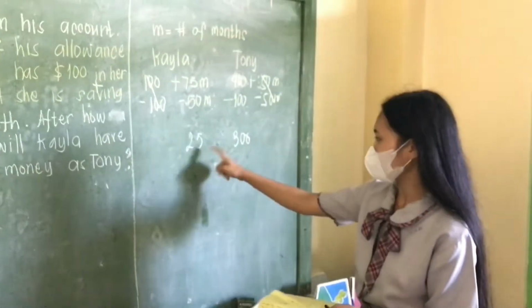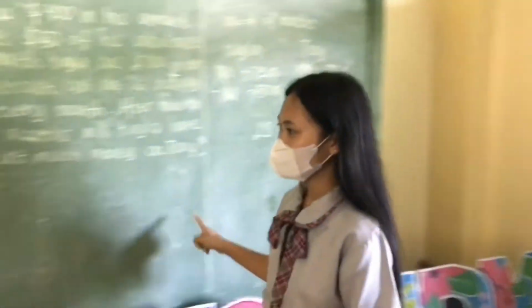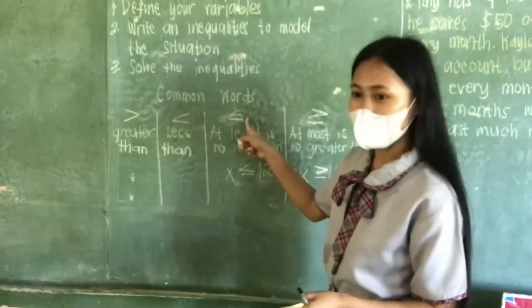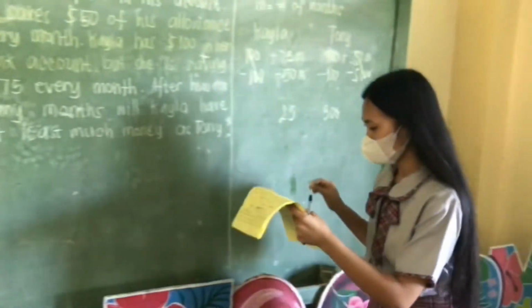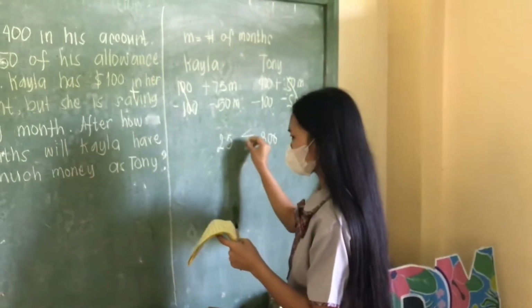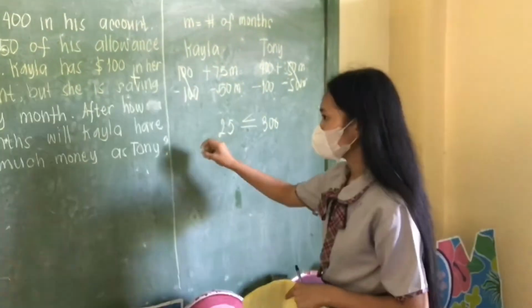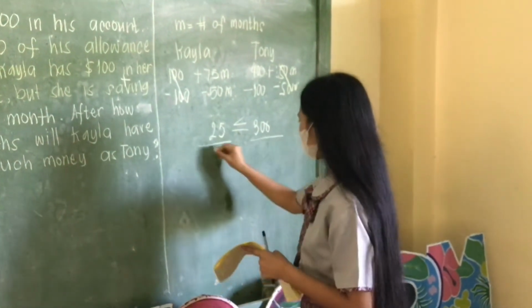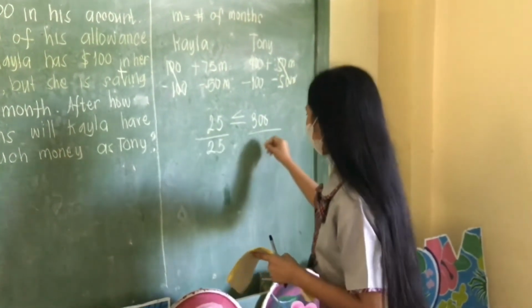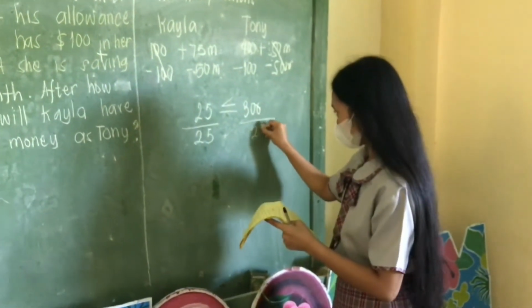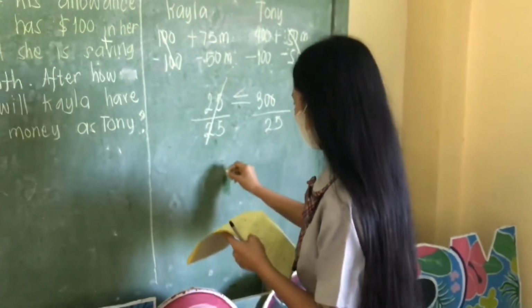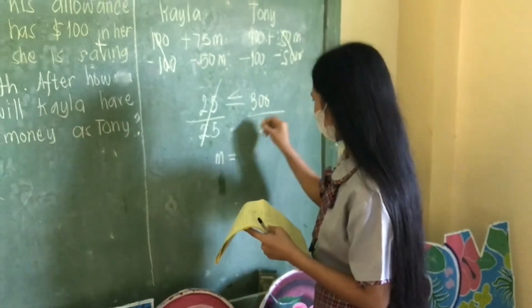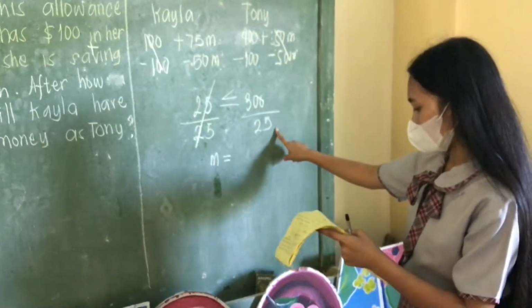Since 25 is less than 300, go up here and copy the symbol. Divide by 25. 300 divided by 25 is 12.